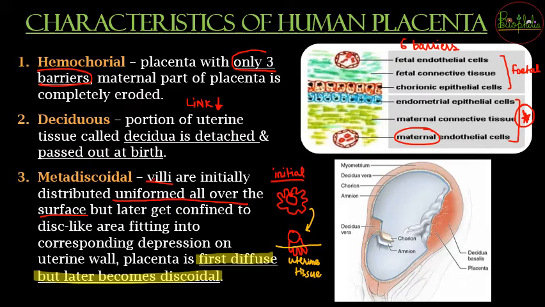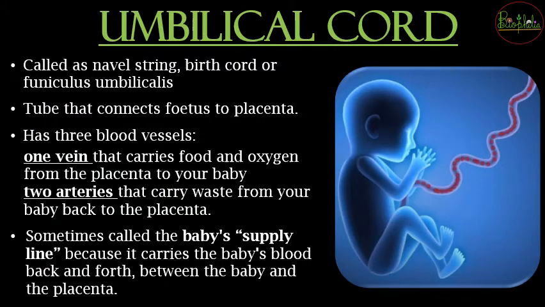Now let's understand about another concept, that is regarding umbilical cord. So umbilical cord के बहुत सारे नाम होते हैं, that includes the navel string, it can be birth cord or also called as a funiculus umbilicus. So umbilical cord जो होता है, if you can see up here in the diagram, this is going to be your umbilical cord.